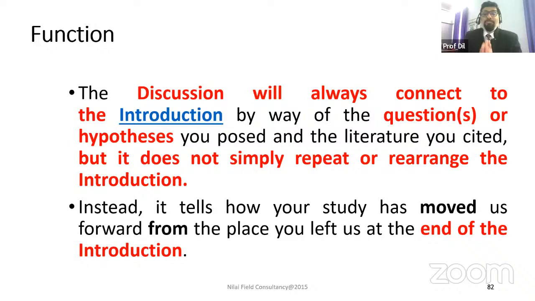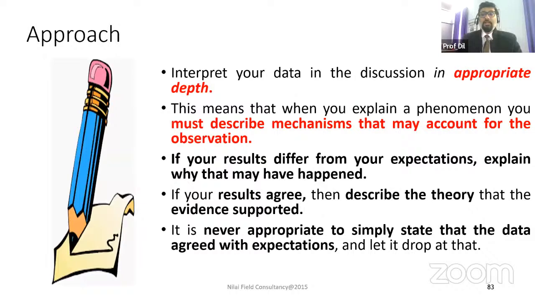So it does not simply repeat or rearrange the introduction sections and likewise. This time, you have to bring in those people who have supported and those who have gone against. You have to bring down this literature, then corroborate that with the findings you got. What is your finding, and what is the others' finding?